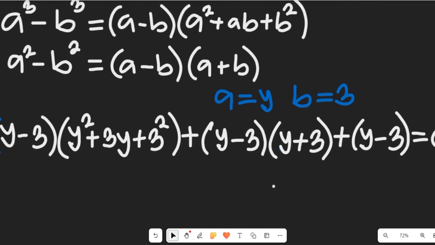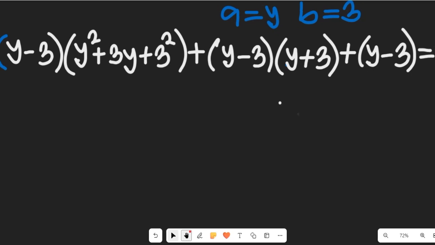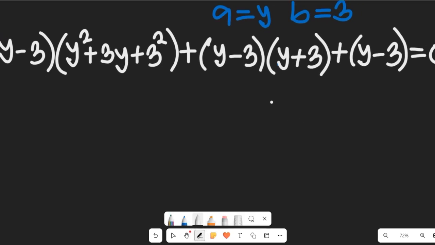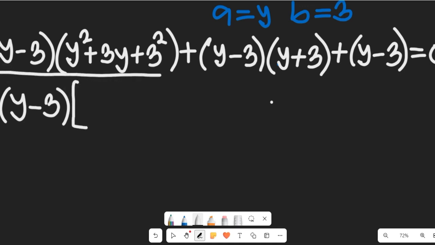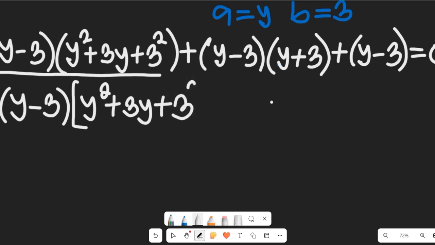So I can simplify this expression. If I simplify this expression, you come to see that y minus 3 is common, right? So if I bring out y minus 3, which is common, all these divided by y minus 3, I'll be left with y square plus 3y plus 3 square.